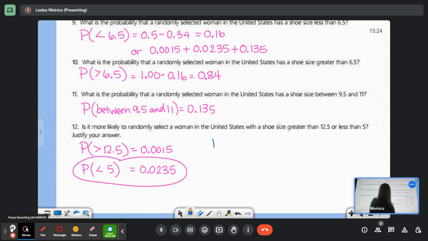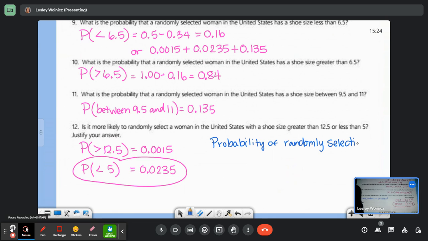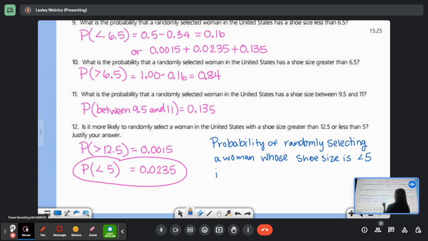So the probability of randomly selecting a woman whose shoe size is less than 5 is more likely, or is greater.